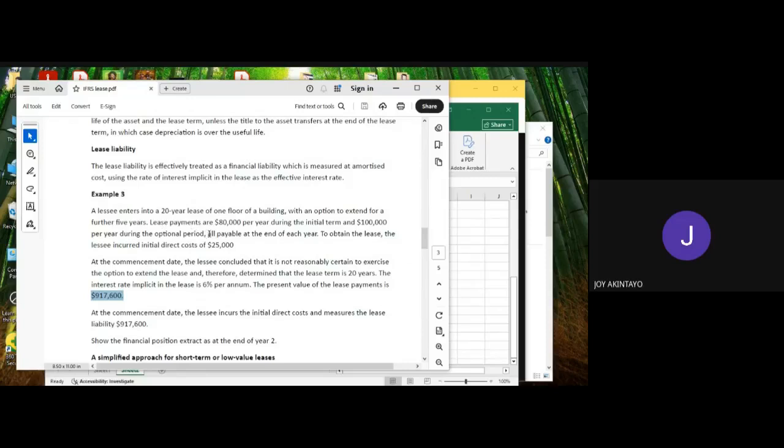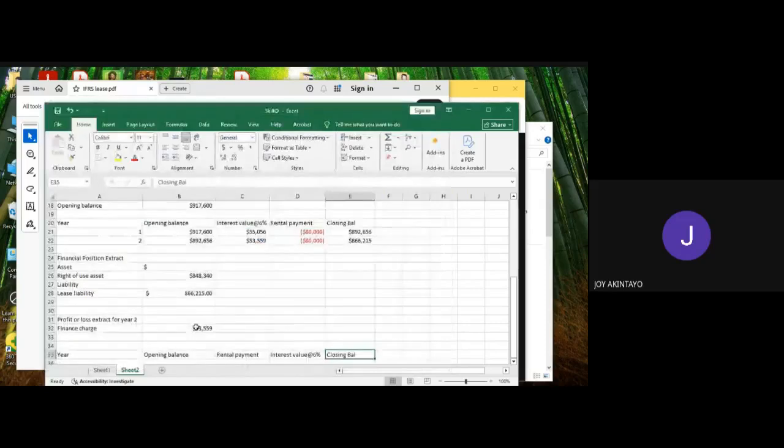This is what I'm saying. Can you see where the question states that all are payable at the end of the year? It means the lease payments are being paid at the end of the year. Let's now assume it is at the beginning of the year. This is the way to treat it.